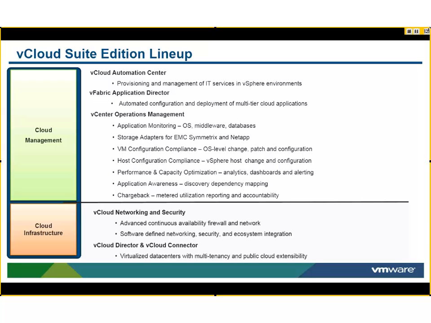Obviously, if you're going to have a cloud, and particularly a public cloud, you need to be able to fence things off and control things. But also, you need to manage it. You need to monitor applications, and you need to check for compliance and chargeback. Even if you're not technically sending a bill, you still need to know how much resources are being used and by what processes, so that you understand where the costs are coming from, and so forth.